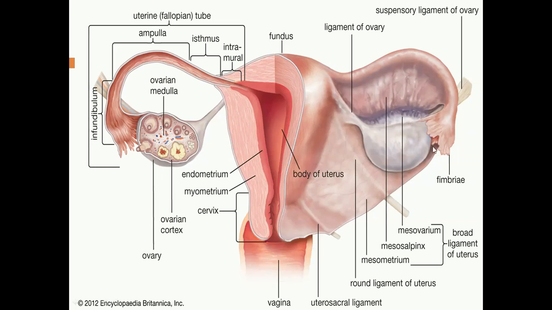That connective tissue covering, we call the mesovarium, and there is also a tissue that covers and attaches the fallopian tube, that we call the mesosalpinx. The uterus on its lateral wall has a sheet of tissue that attaches it to the lateral pelvic wall, and that we call the broad ligament. So these ligaments give support to the uterus so that it is able to hold the fetus.